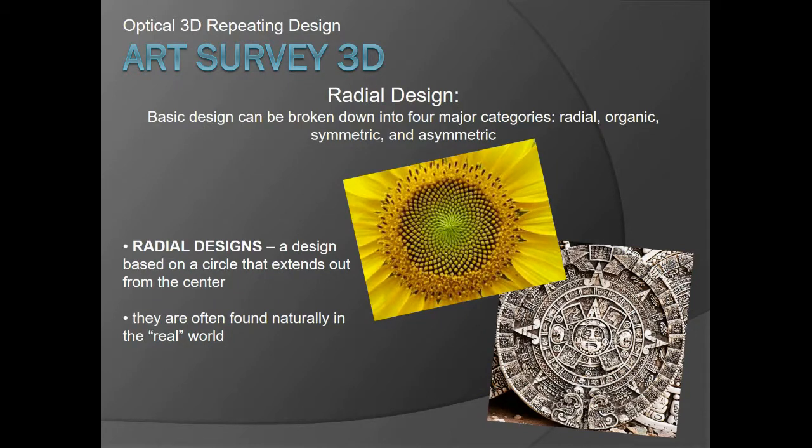So to begin that, we're going to discuss the 4 different types of design. Now, design can be broken down into many different types, but these are the 4 major types. We're going to be discussing radial design, organic design, symmetric design, and asymmetric design.